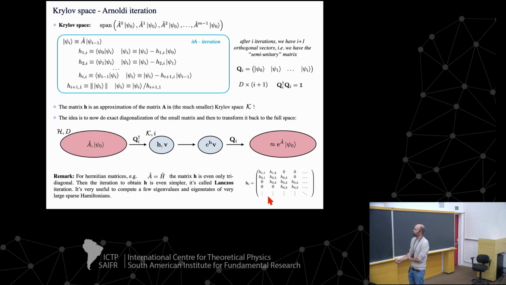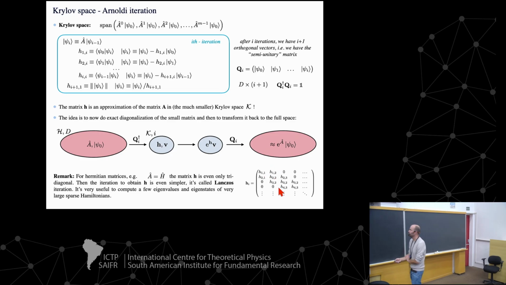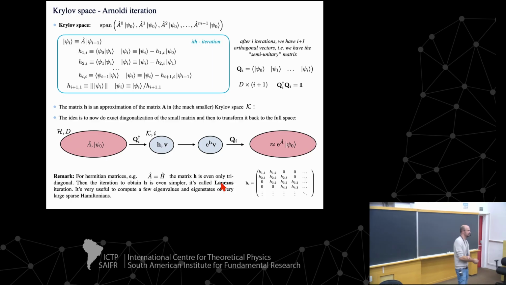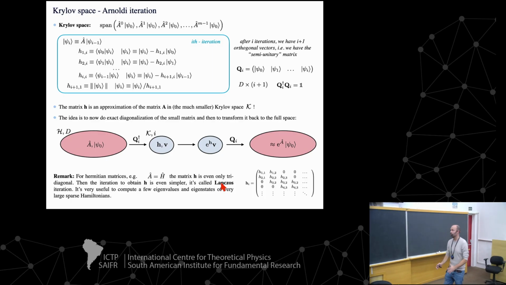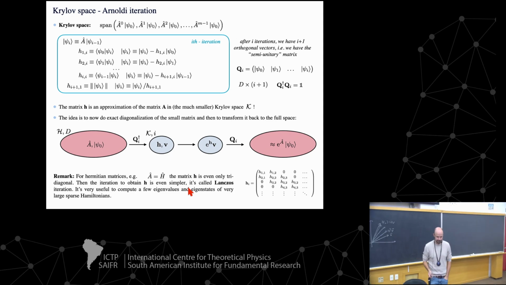Then, for example, if I want to compute the lowest eigenstate of a system, this is very efficient because it is trivial to diagonalize a matrix like this. In this case, one uses a slightly different iteration, called the Lanczos iteration, which is the Krylov space construction for a Hamiltonian. The Arnoldi iteration is for a general matrix. Here, since our matrix is not the Hamiltonian and not Hermitian, but minus i times the Hermitian matrix, we have to use the Arnoldi iteration.